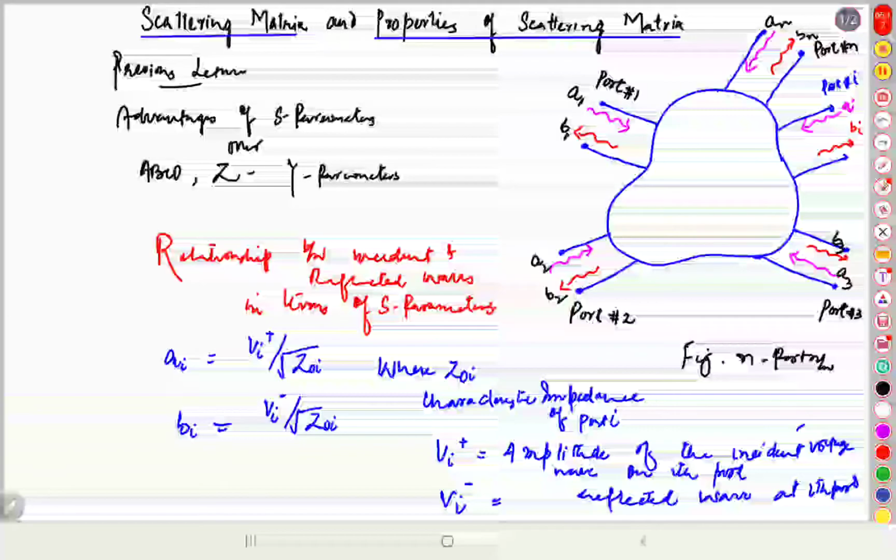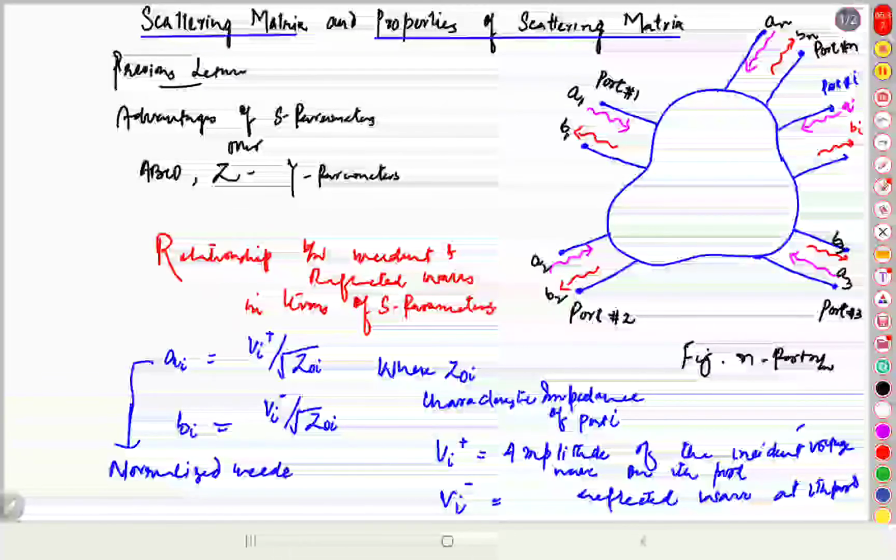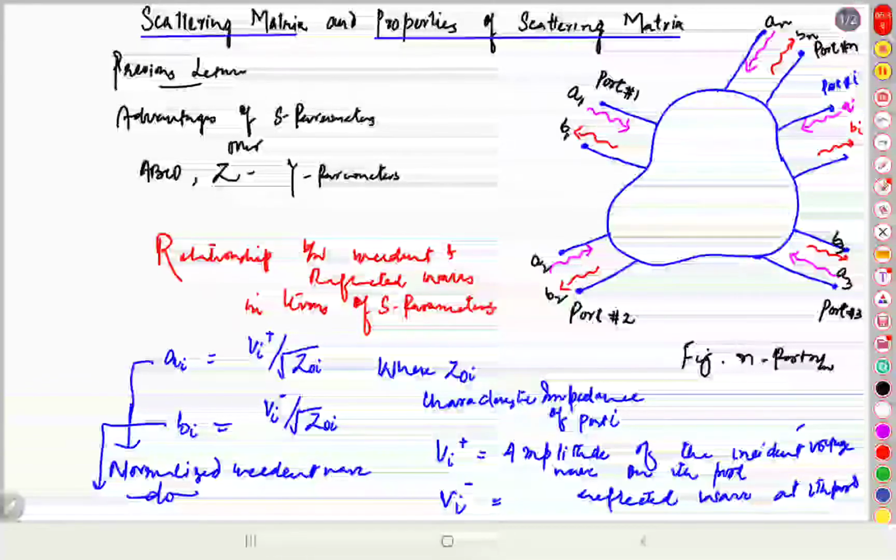So this Ai is the normalized incident wave, and Bi is the normalized reflected wave.